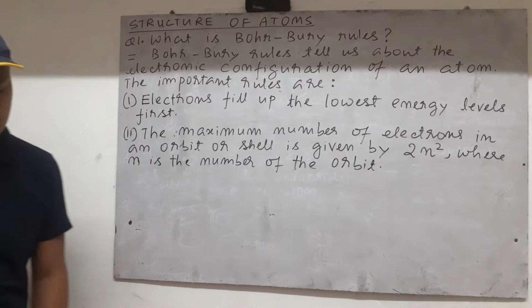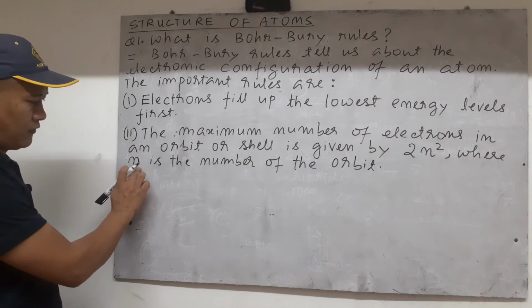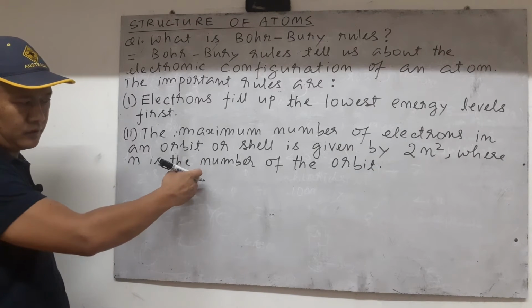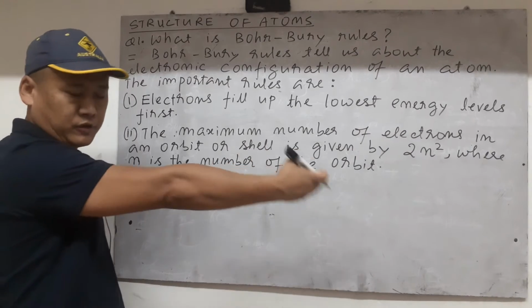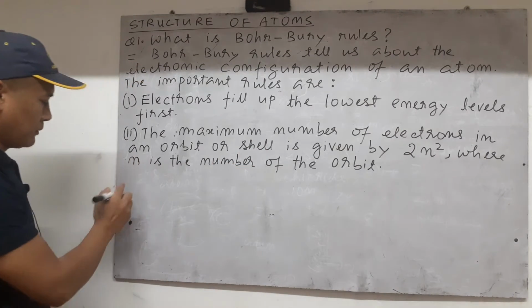Now, what does this mean? Number of orbit here means the first orbit is called number 1, the second orbit will be given number 2. So that is what is meant by number of orbit.